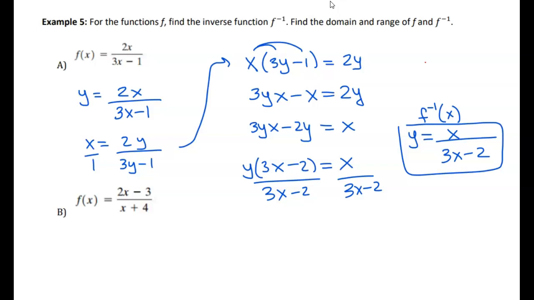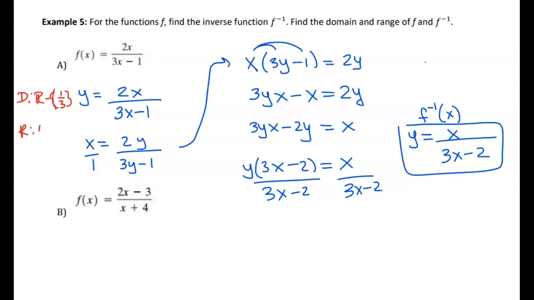All right, and it's asking for the domain and range of the original function and the inverse. Okay, so for the domain here, I can see that it's all the reals except for 1/3, because we have a vertical asymptote here.